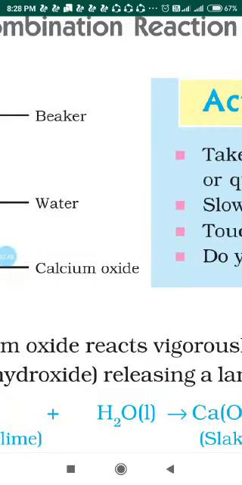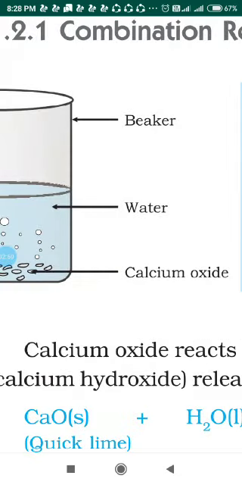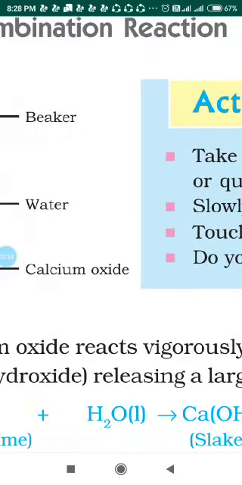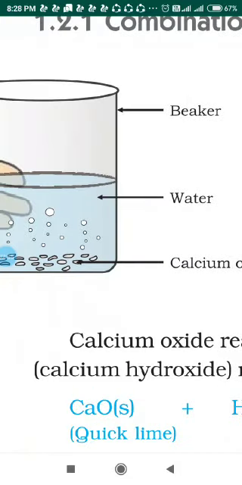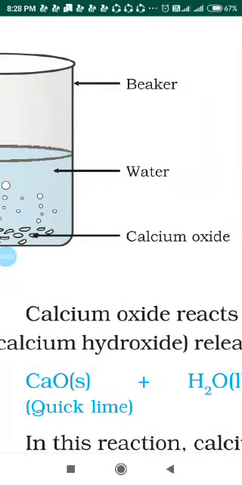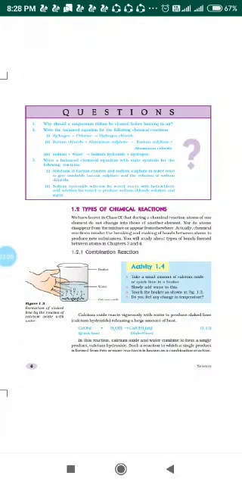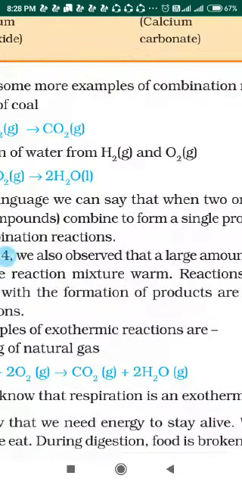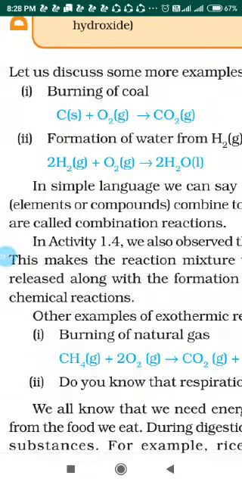In this reaction, calcium hydroxide is formed with the evolution of heat. Since heat is evolved, this combination reaction is also considered an exothermic reaction. Now I think you easily understand the combination reaction.